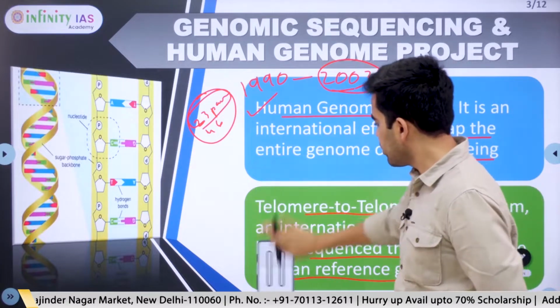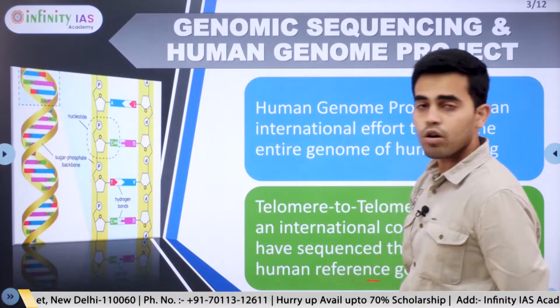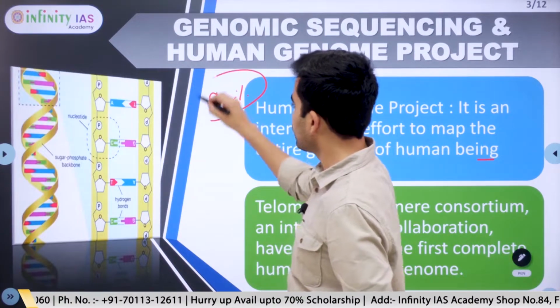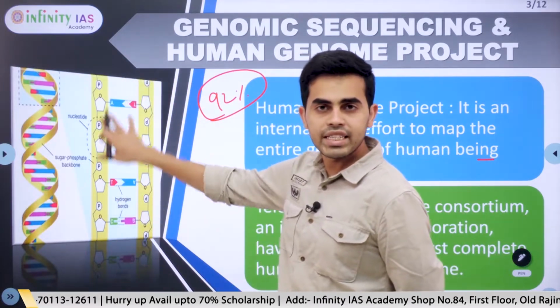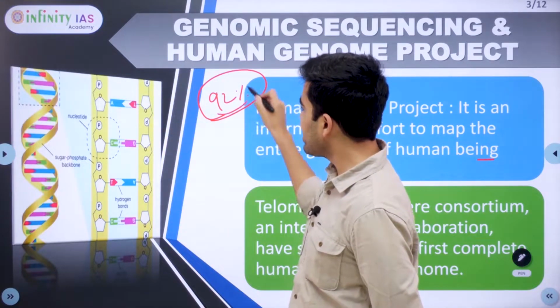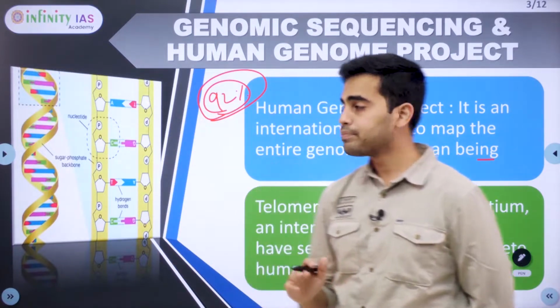If we see, the Human Genome Project has only mapped 92% of the human genome. That is, if there are 100 base pairs in the entire cell, it has only sequenced 92 base pairs. That is only 92% of the chromatin.